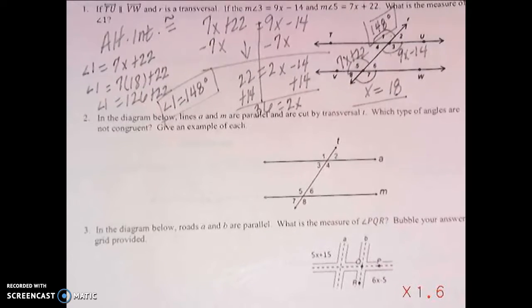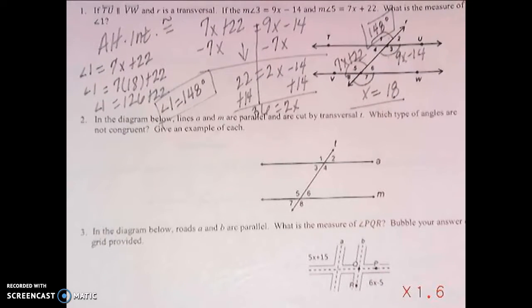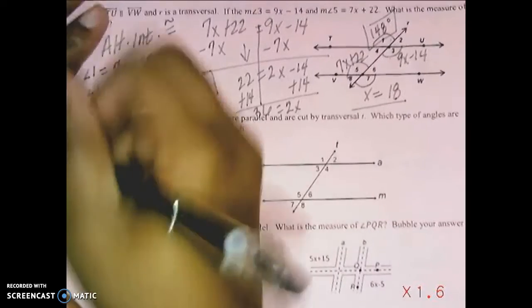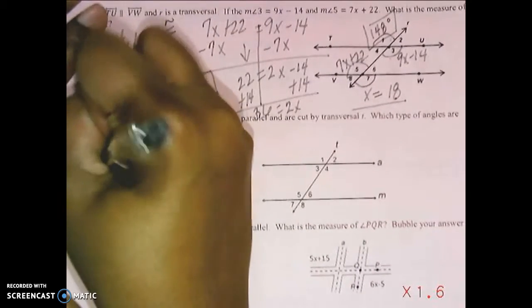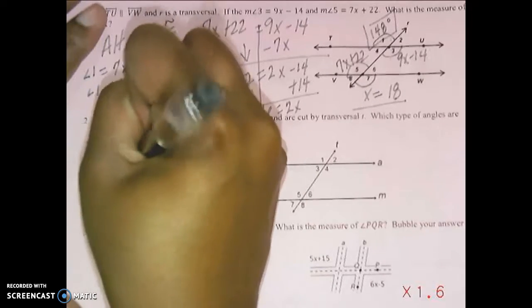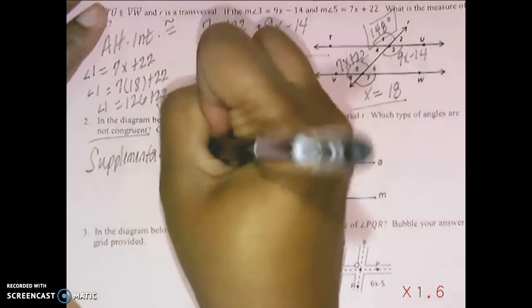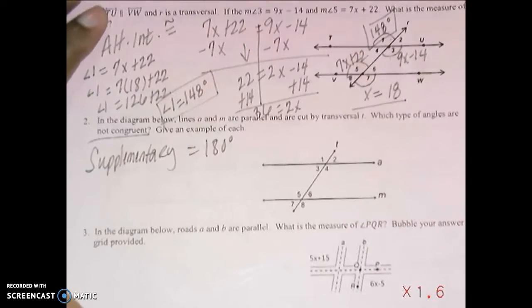Number 2, in the diagram below, lines A and M are parallel and are cut by a transversal. Which type of angles are not congruent? Give an example of each. So when I see not congruent, the first thing I thought about is which angles are supplementary. And supplementary just means angles that equal 180 degrees.